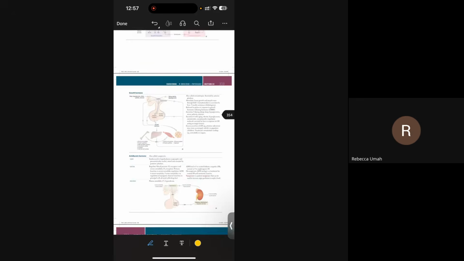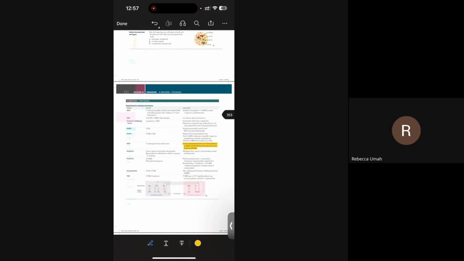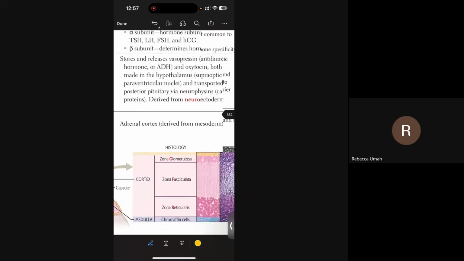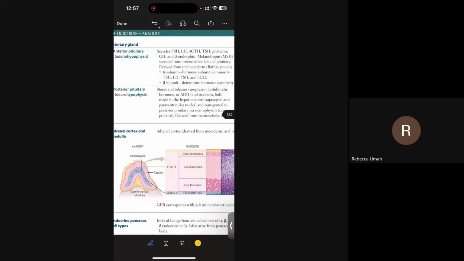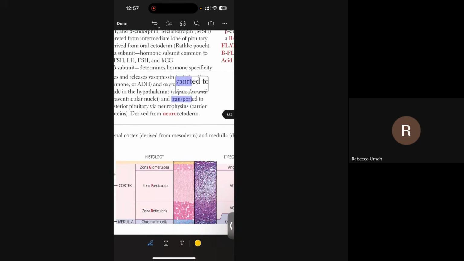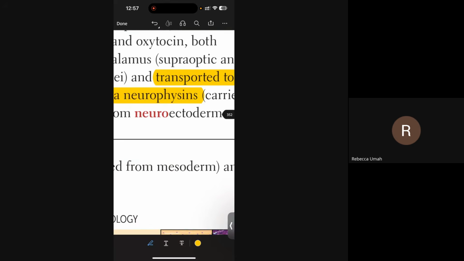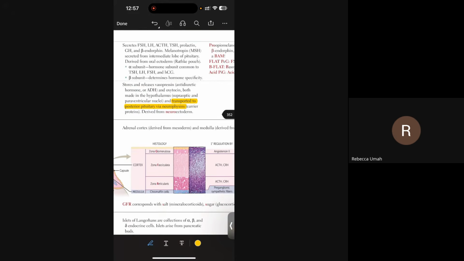And for neurophysins, posterior pituitary hormones are transported to the posterior pituitary by neurophysins. Vasopressin and oxytocin are both transported by what? Neurophysin.